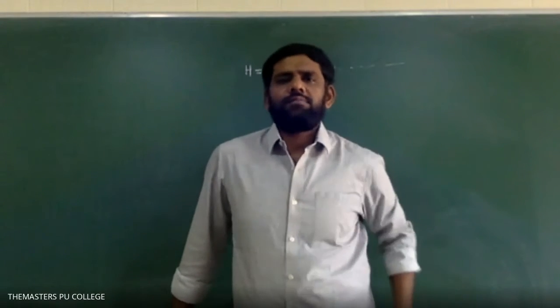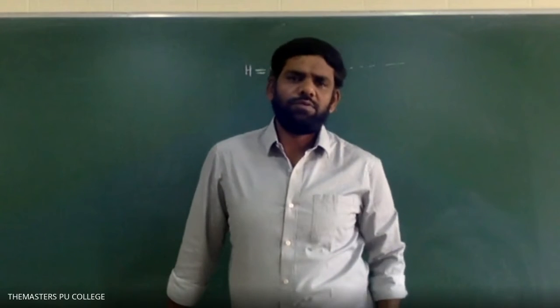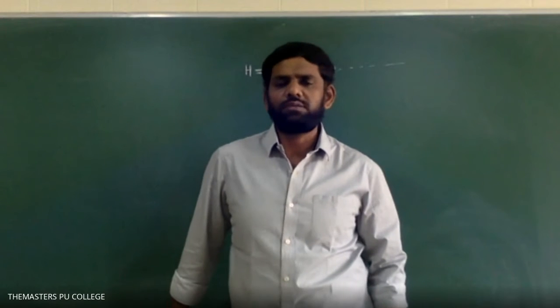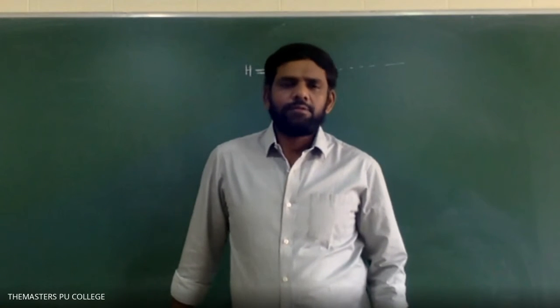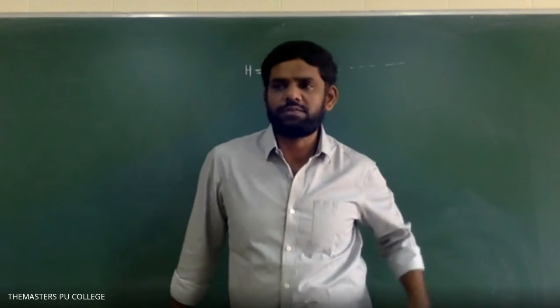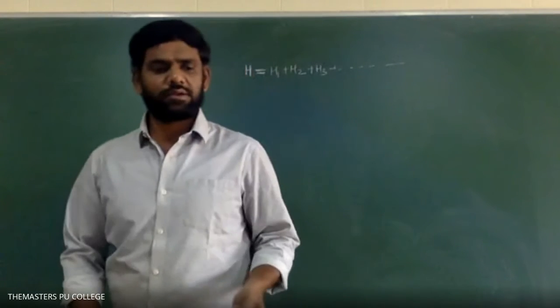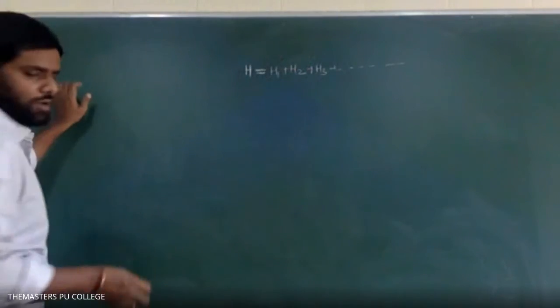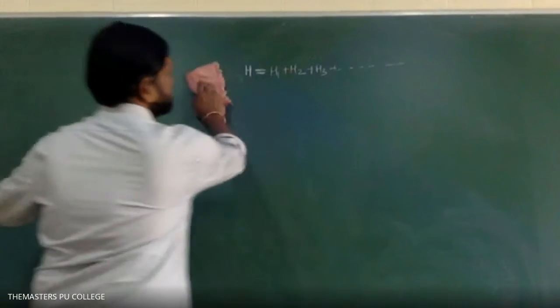This is a subjective point of view. We won't get any question from this, but to solve the objective numericals, we need this concept. So let us have a look at this. At the end of that, I will give enough time to write.